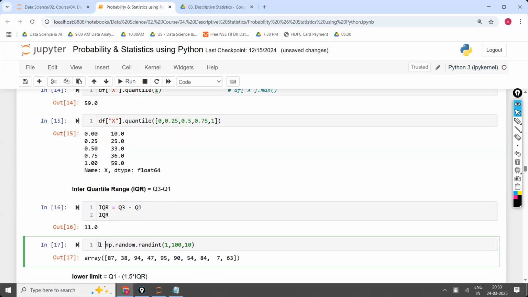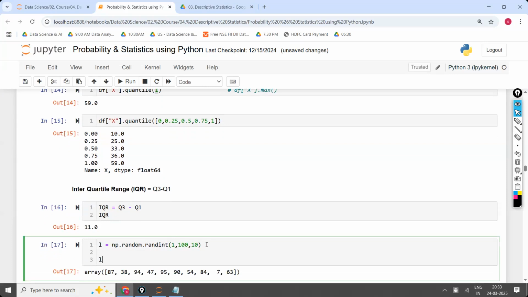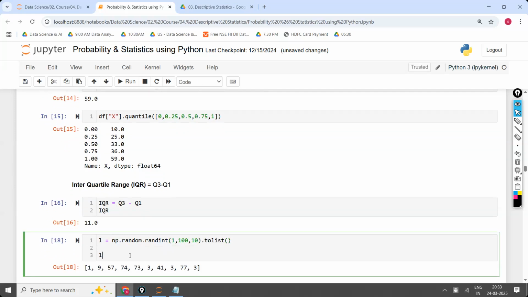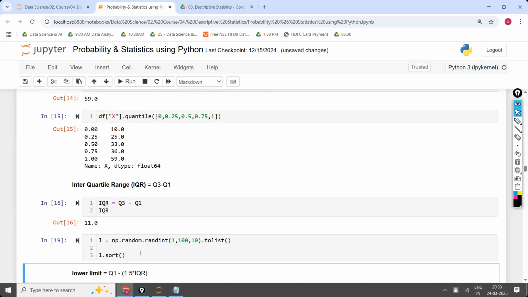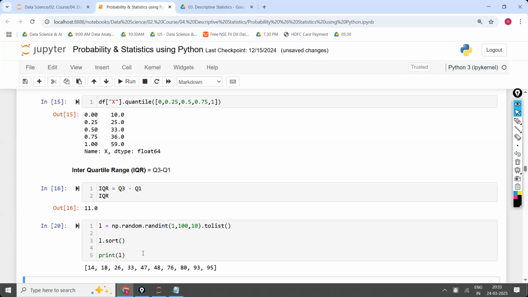Let me store them in L. Now I'm writing array to list. After to list, I'm applying the dot sort, and I'm printing the L. I have got something random like this in my case. In front of you only I have executed, right?